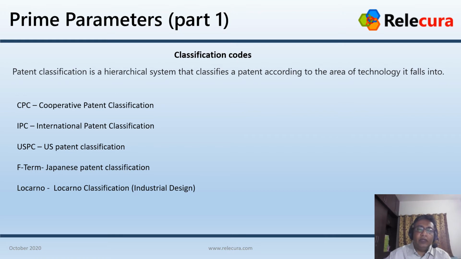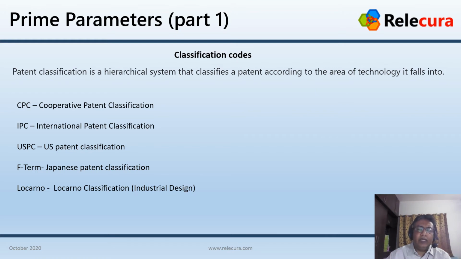They have sectioned all the technologies into different definite sections. So if you are looking for anything related to, let's say, medical devices, you will be searching for A61B. Similarly, if you are looking for vehicles, you will be searching in B60R or B60 related classification codes.